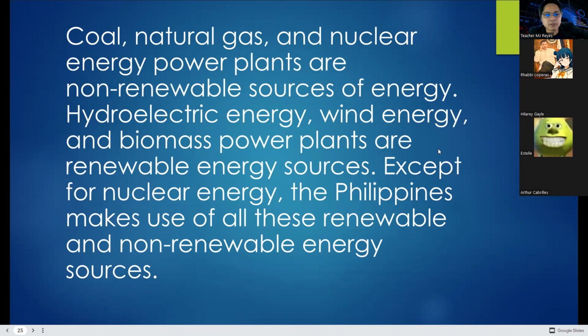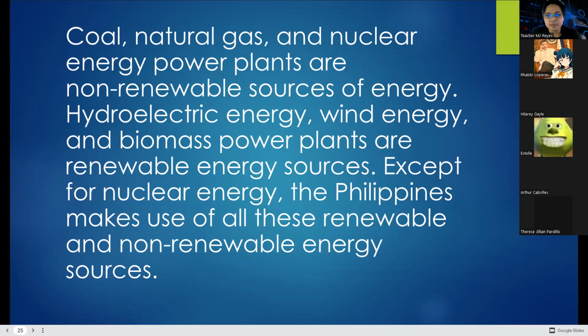This is the main reason that the Philippines considered the health of the people living near the Bataan nuclear power plant. It is good that we invested in it. The problem there is how can we get rid of the negative effect, the waste materials that this nuclear power plant is actually creating.